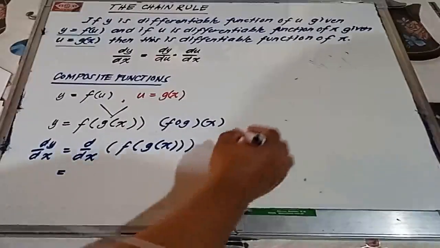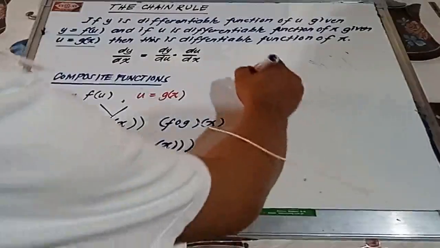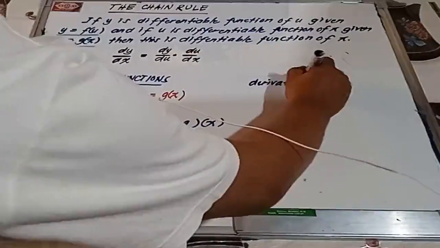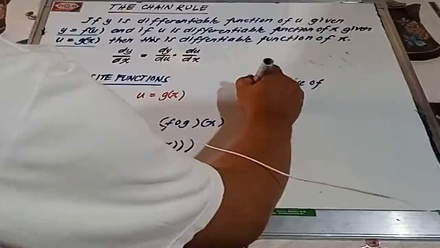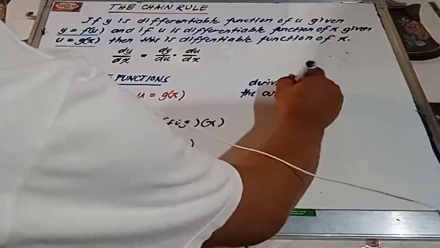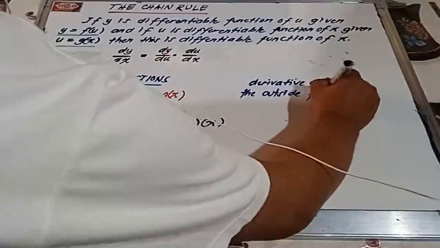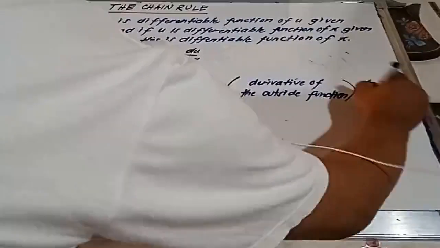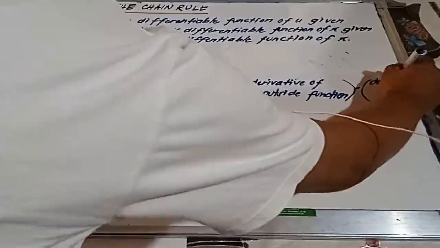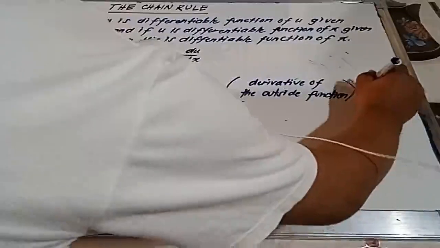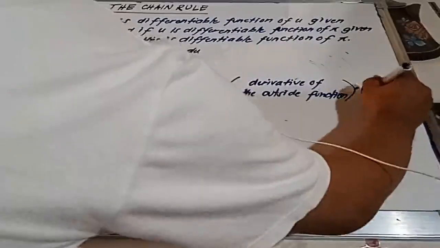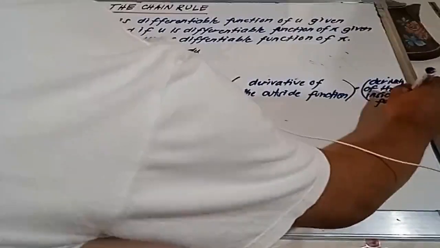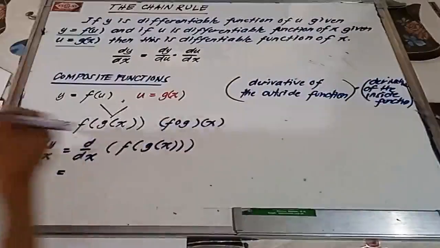So, derivative ng outside function times derivative of the inside function. Okay.